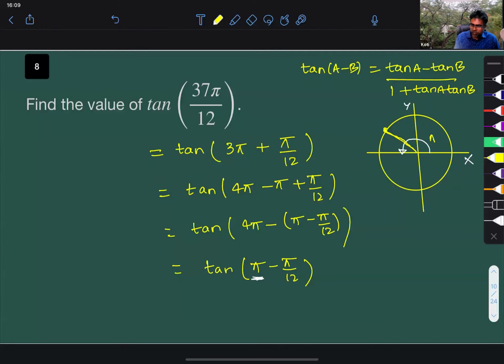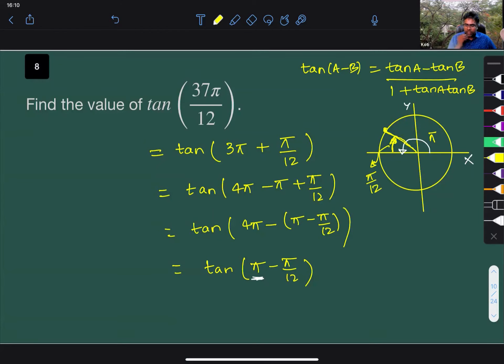So this is pi, and then this will be minus pi by 12. Now I think we can safely say that pi by 12 is an acute angle, so you will lie in the second quadrant.